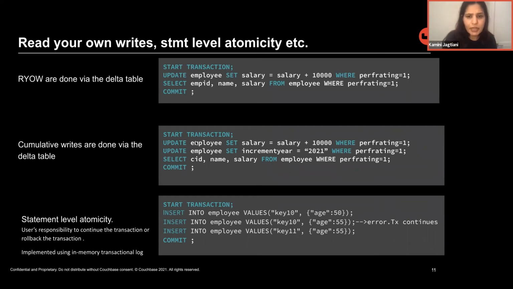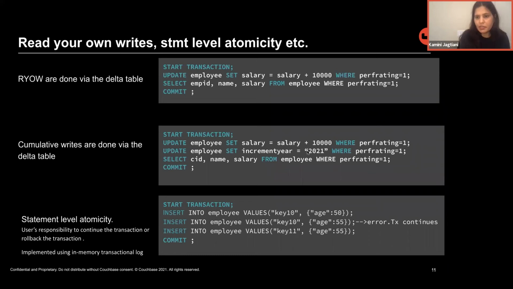The second example is a slight modification of the first one, where you have the start transaction, you have the salary updated, and then you're also incrementing the year when the salary was last updated. So when the first statement comes, it gets those documents, updates those documents, keeps them in the delta table.